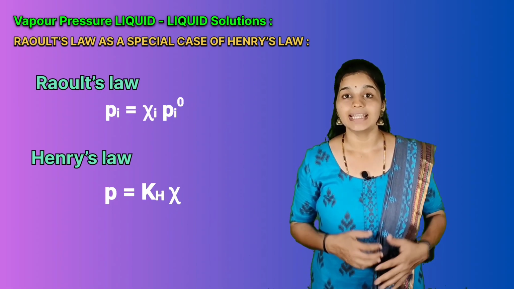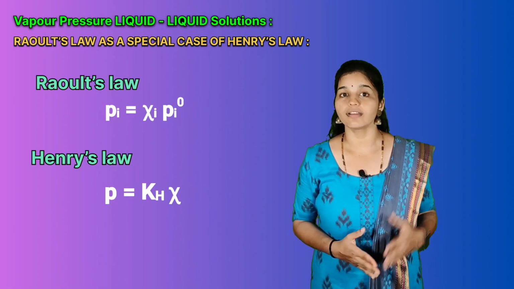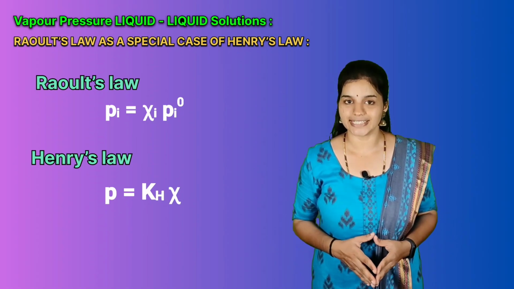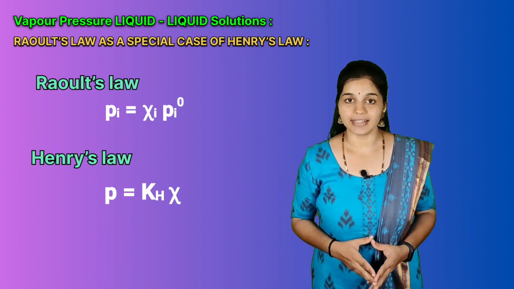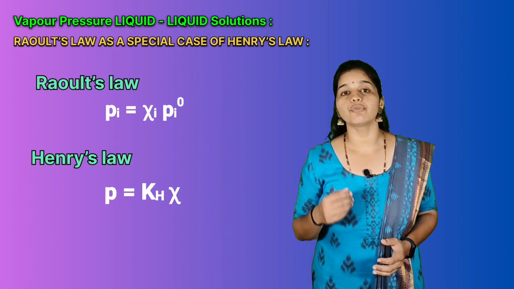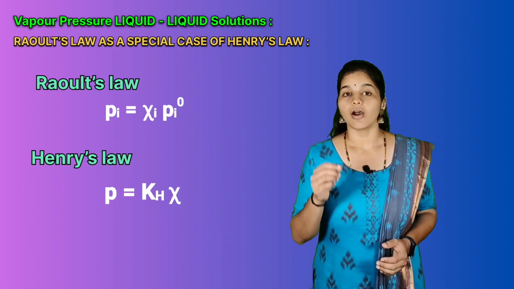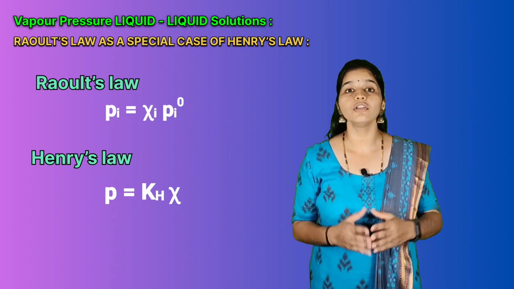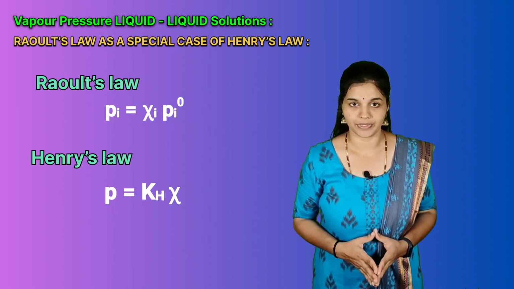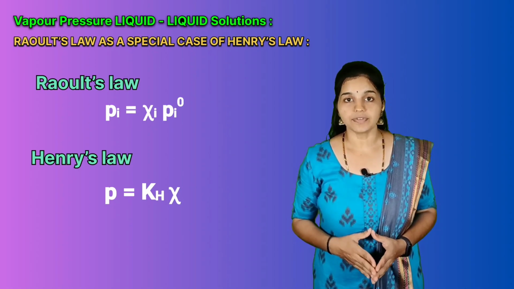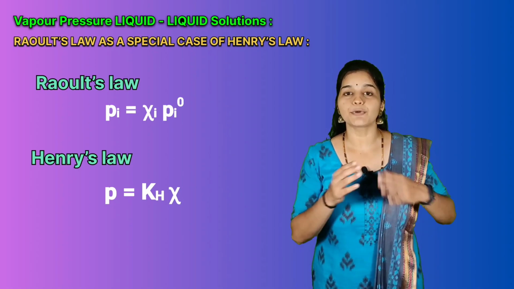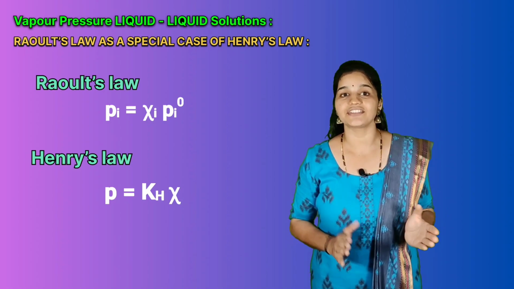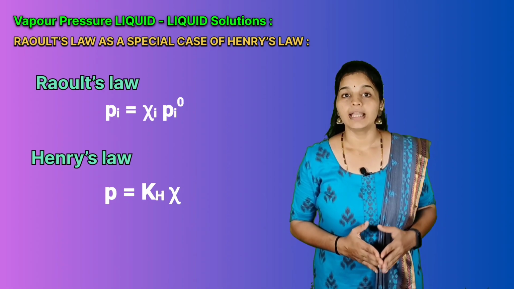If we compare these two equations for Raoult's law and for Henry's law, we can see that the partial pressure of the volatile component or gas is directly proportional to its mole fraction in solution. The difference we observe is only with respect to the proportionality constant, Kh and P1 naught.